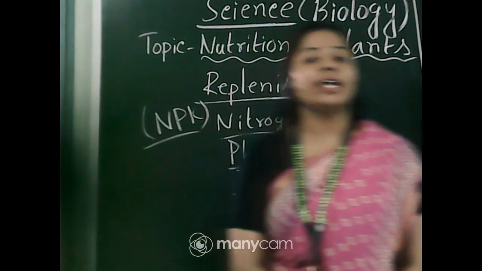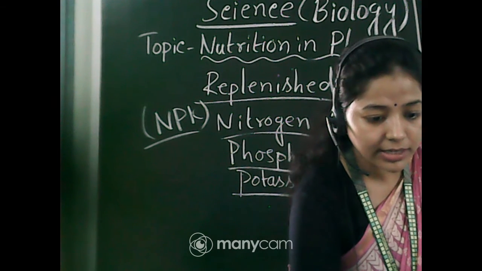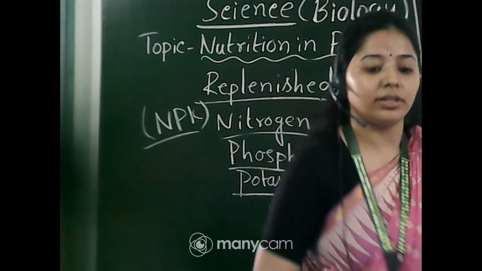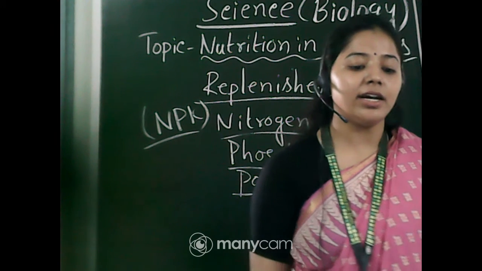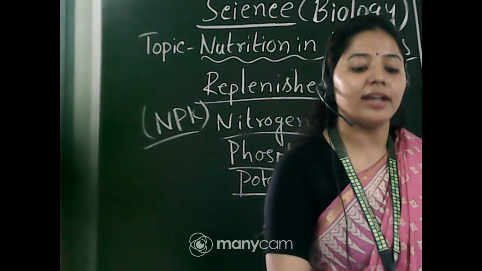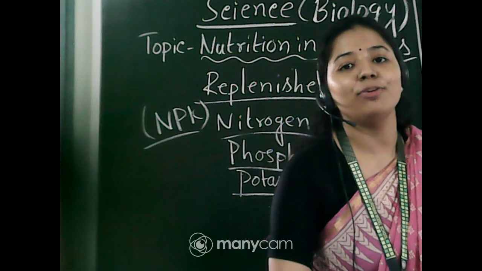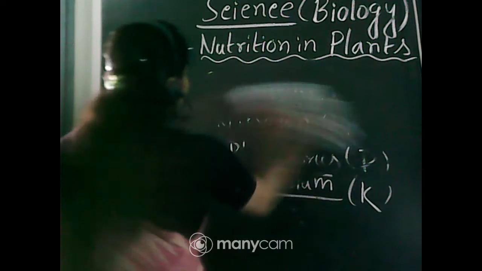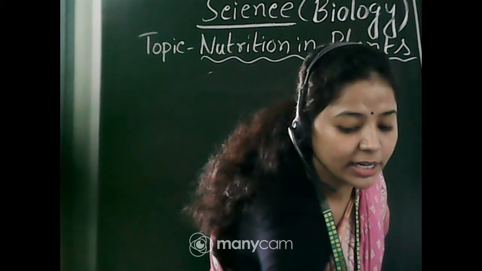So we can say that plants provide food and shelter to those nitrogen fixing bacteria, and in another way those bacteria are fixing nitrogen. So the relationship between nitrogen fixing bacteria and leguminous plants is also a symbiotic relationship.